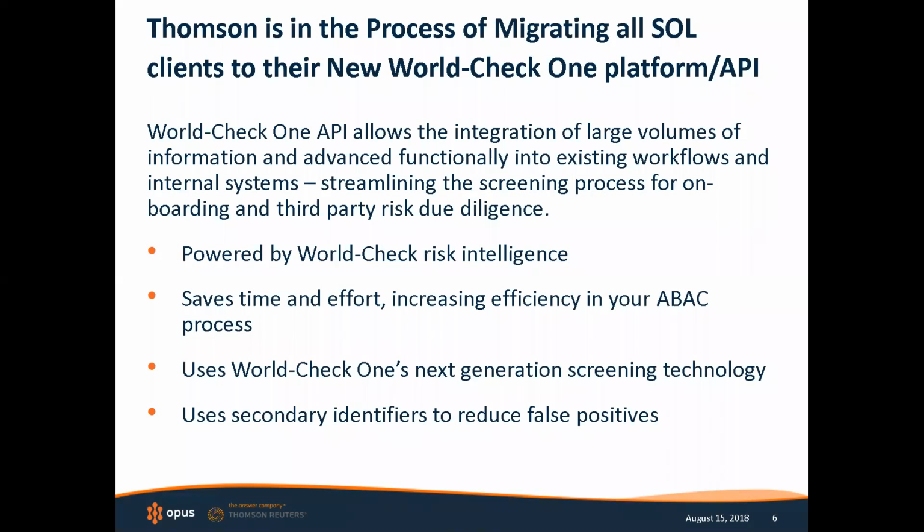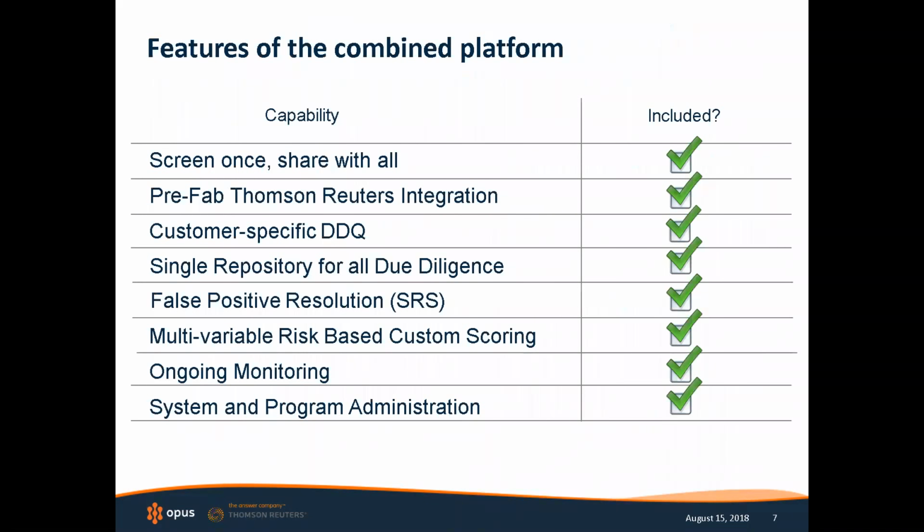And it uses new, improved matching technology. It has a lot many more features, specifically around being able to do secondary identifiers. And it has a lot of other capabilities that I'm going to cover as I go through my presentation. But overall, the combined platform actually allows you to screen, leverage the prefab Thomson Reuters integration, do due diligence questionnaires that are specific to each client.